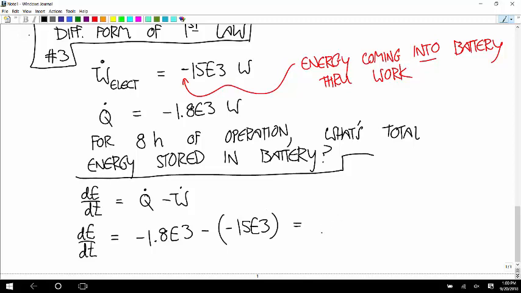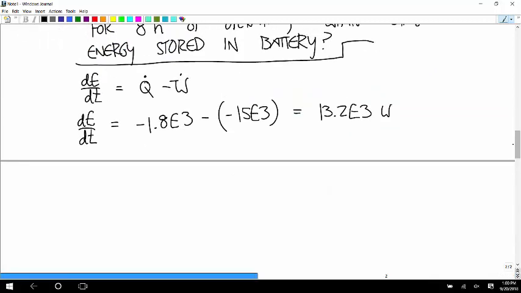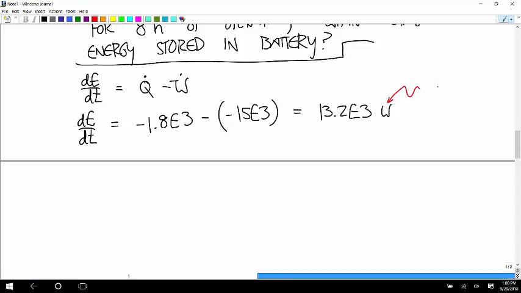And so that's positive 13.2 times 10 to the third watts. Watts are joules per second.